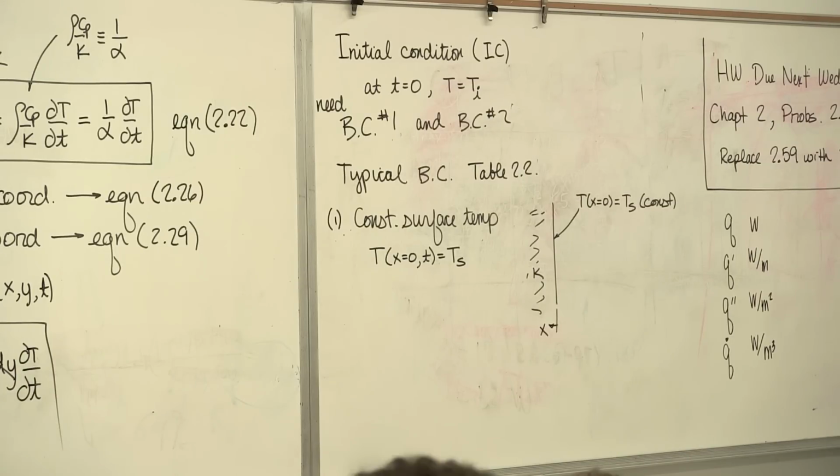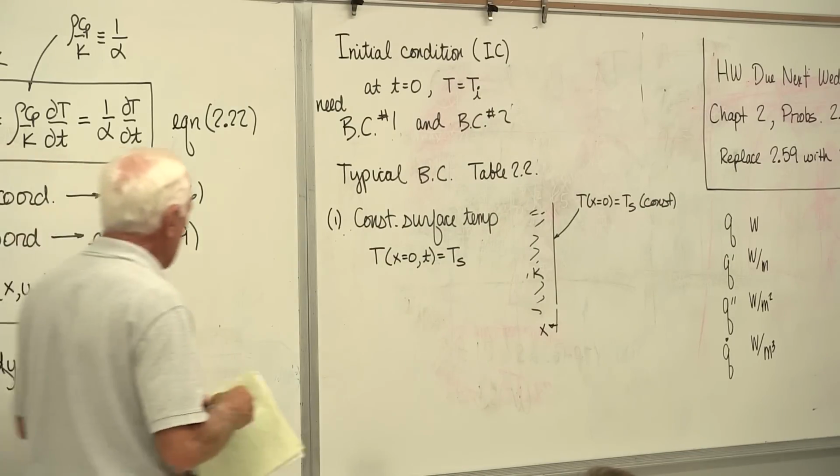And what's my boundary condition? Well, it could be convection, but I would probably assume to start with that the temperature is going to be constant. I don't think it's going to vary with time for the next half hour. I don't think it's going to vary with x and y very much from the middle of the wall to where my hand is. So I might model that as a constant temperature boundary condition.